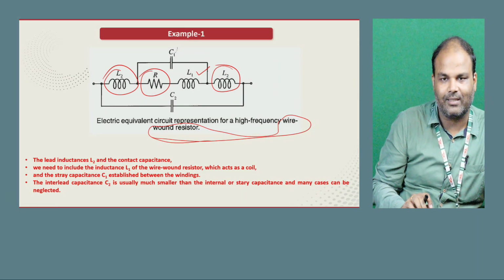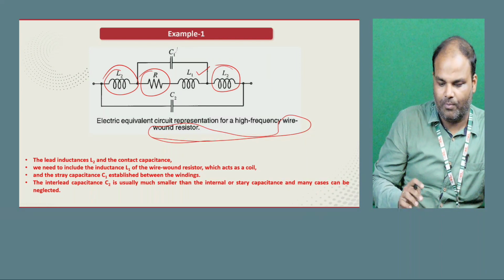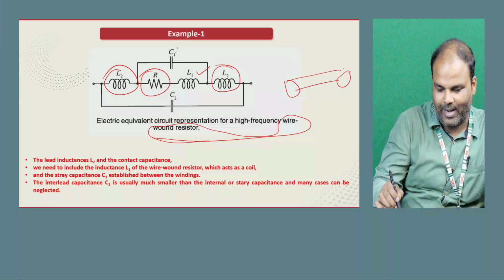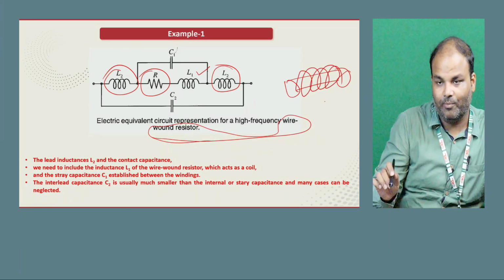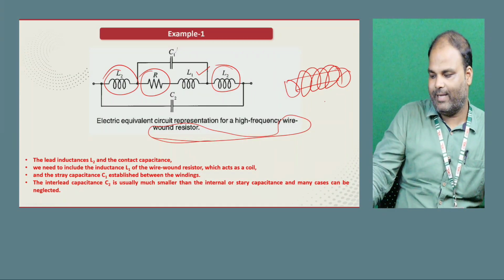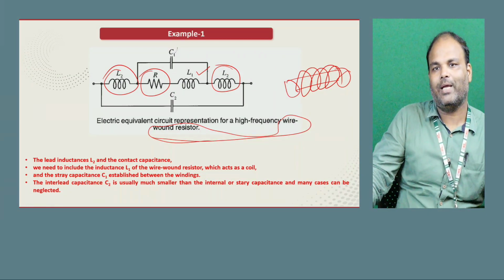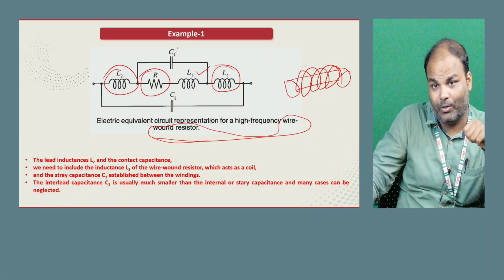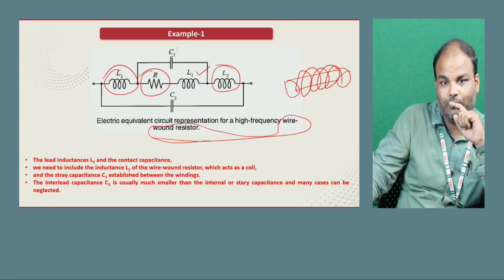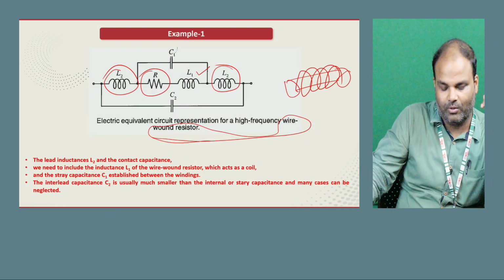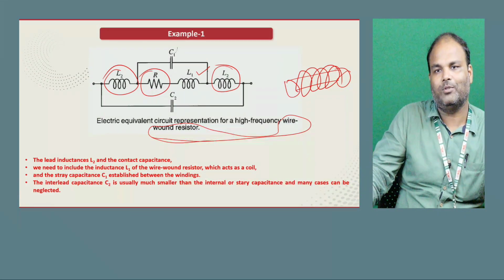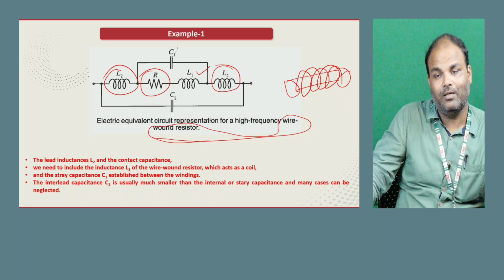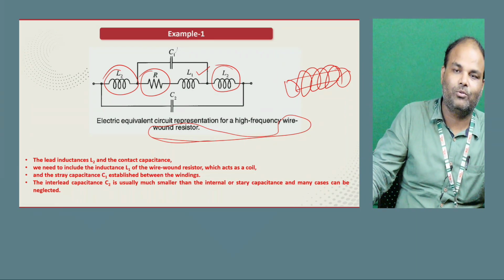Why did we add this inductance? Because of the wire wound. If the wires are wound, it behaves like an inductor again. So we are adding inductors and some capacitance values, capacitors C1 and C2. This is one example I take care of when I am giving the theory or practical about the resistor.